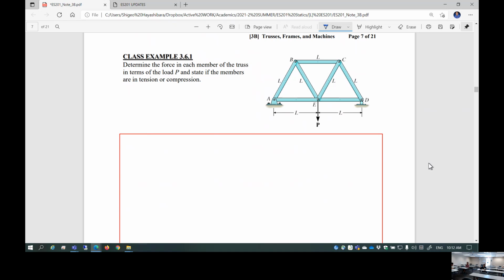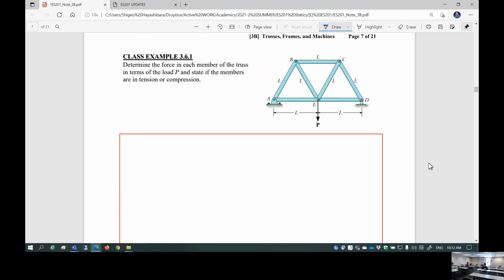Okay? So this is class example 361. Determine the force in each member of the truss in terms of the load P and state if the members are in tension or compression. Quite frankly, if this is an exam, a single problem like this probably consumes the entire exam time.